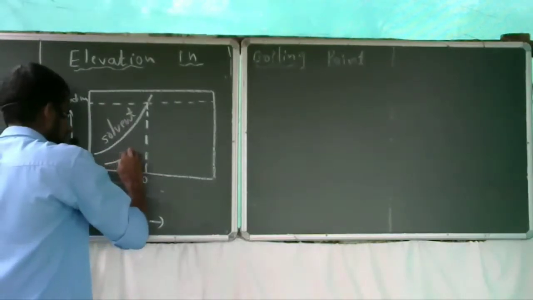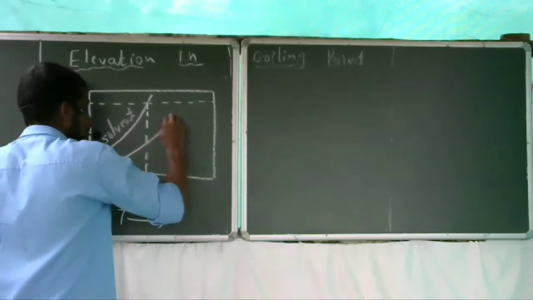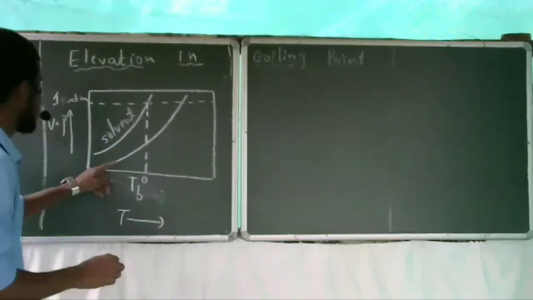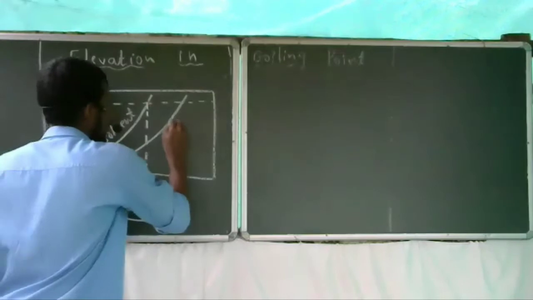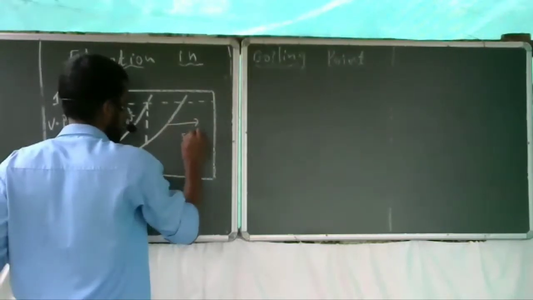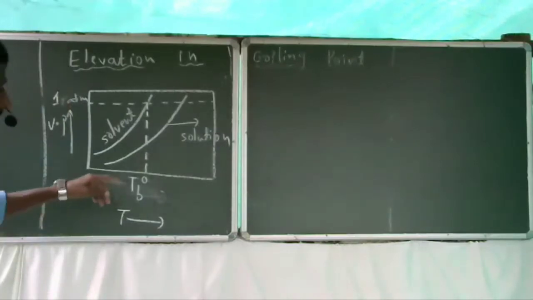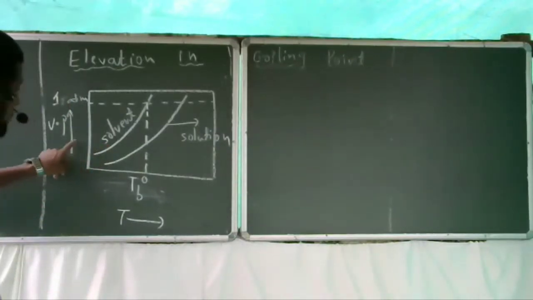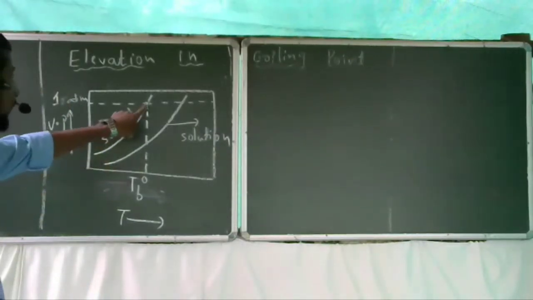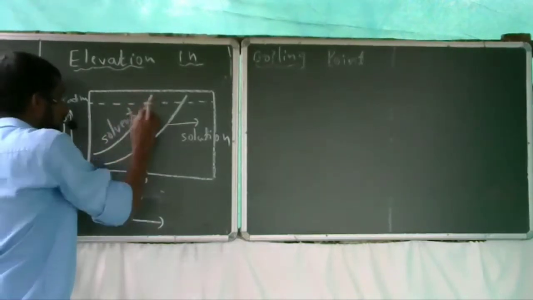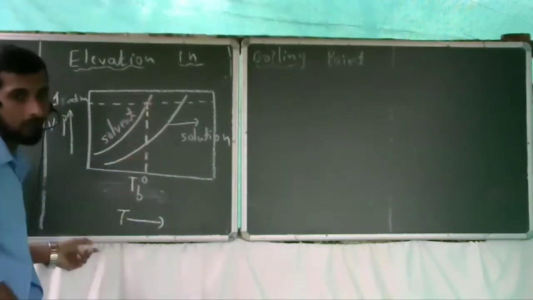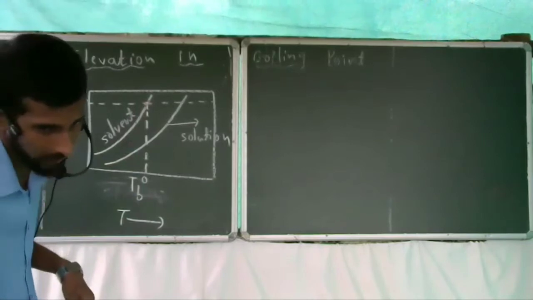As temperature increases, again vapor pressure increases. This curve is for the solution, and that one is the vapor pressure versus temperature curve for the solvent. At this point, TB naught, is the boiling point of the pure solvent.